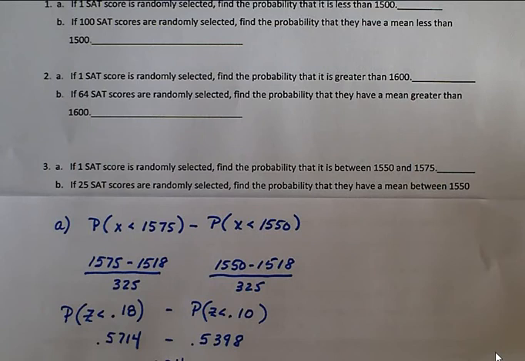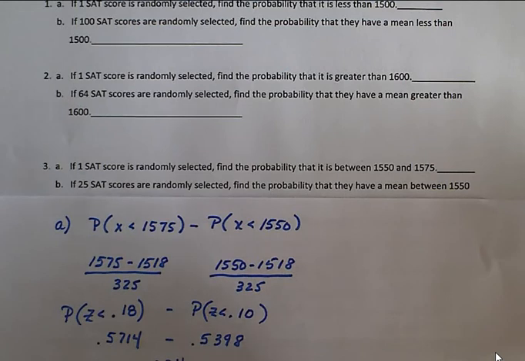Okay. Now I'm on part B now. I'm going to do the same thing. I'm going to start off the same way. X is less than 1575. X is less than 1550.